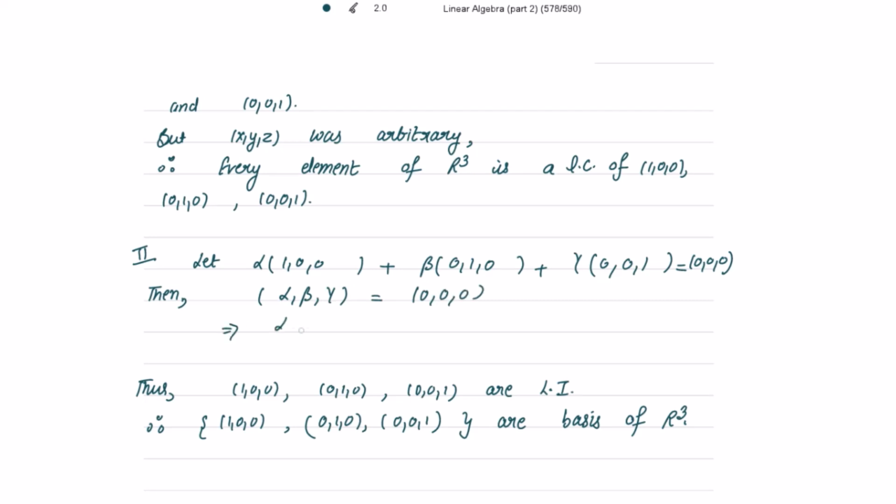This implies alpha equals 0, beta equals 0 and gamma equals 0, which means all the scalars are 0, so all these vectors are linearly independent. So we got the result that (1, 0, 0), (0, 1, 0), (0, 0, 1) are the generators of the vector space R3, and also they are linearly independent, which means they form the basis for R3.